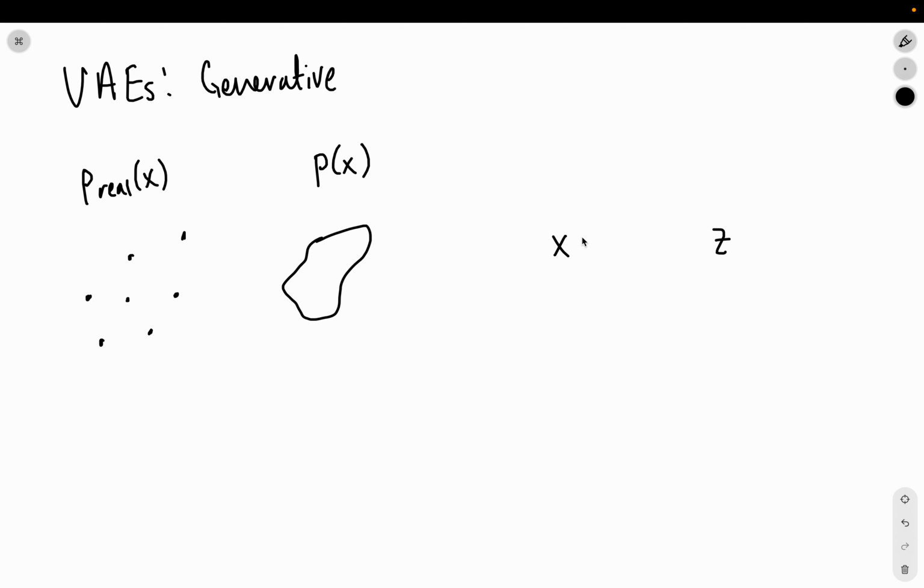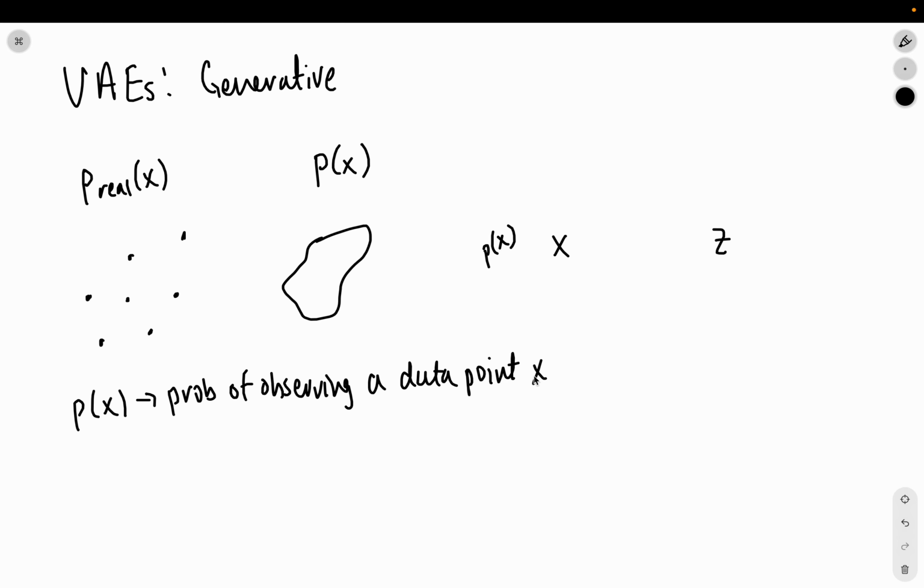So in our X, we have some P of X, which is the probability of observing a data point X. And remember, if we're looking to build this VAE for images of animals, our data points X are all going to be images of animals.